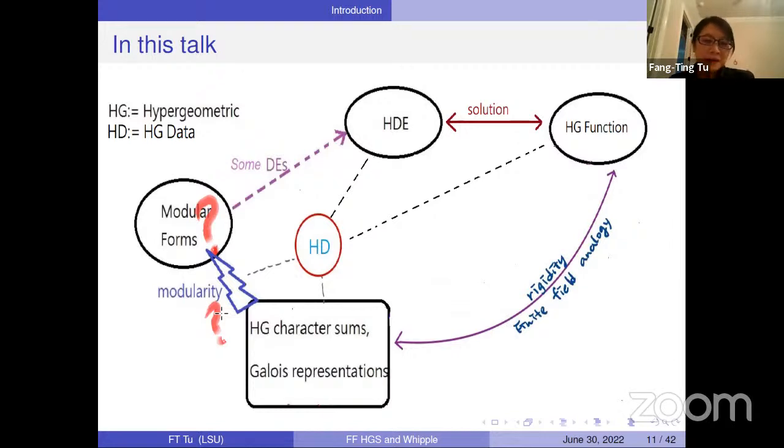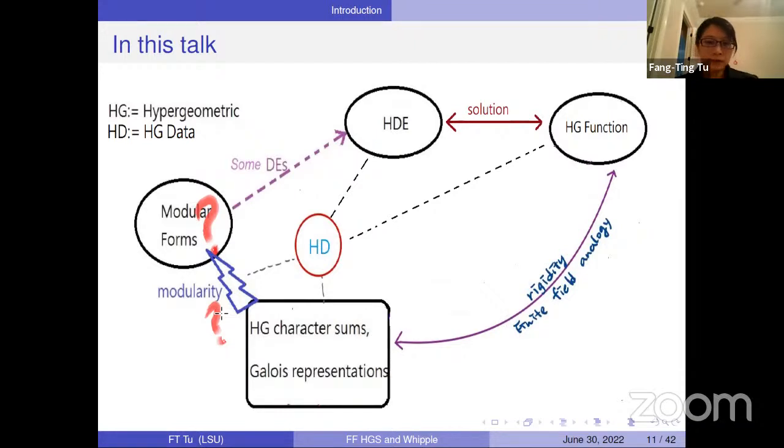Of course, we can also look at the data and identify the corresponding modular forms by looking at the Frobenius traces at good primes and the Sato-Tate result to identify the candidate of a modular form. But this is some idea of how to relate hypergeometric values to periods of modular forms.